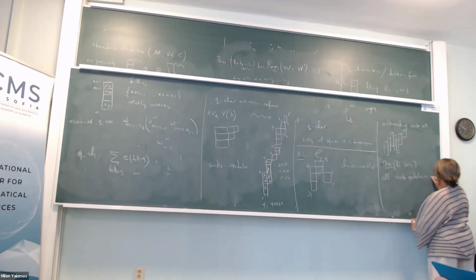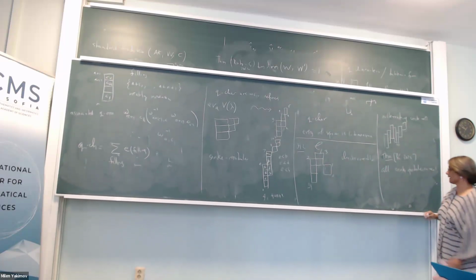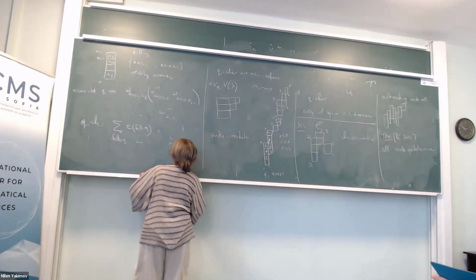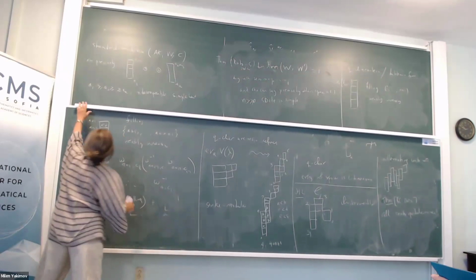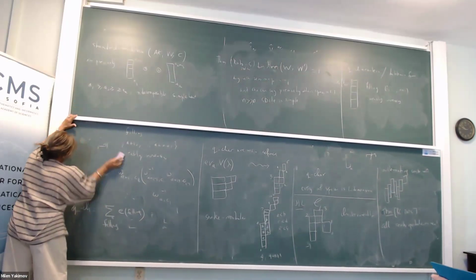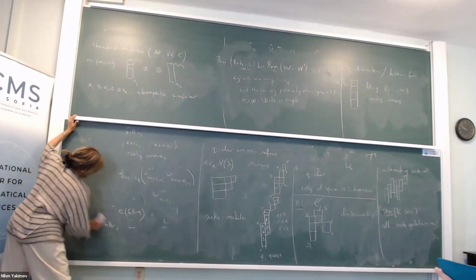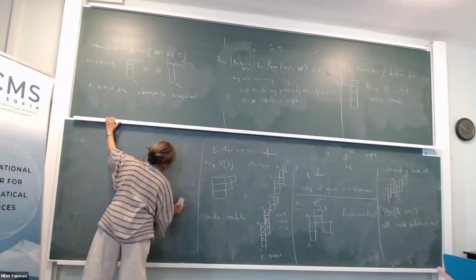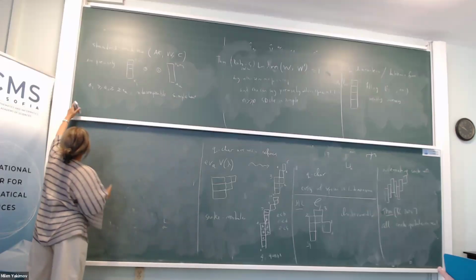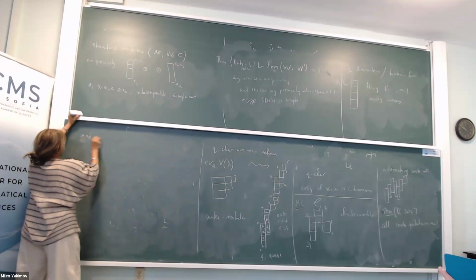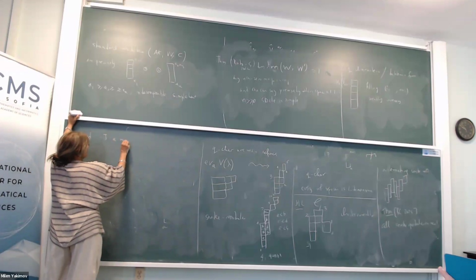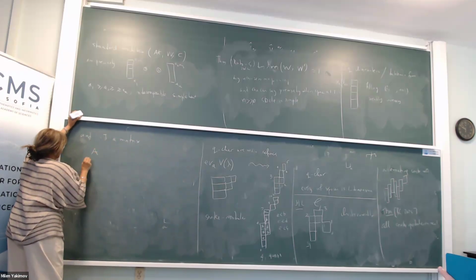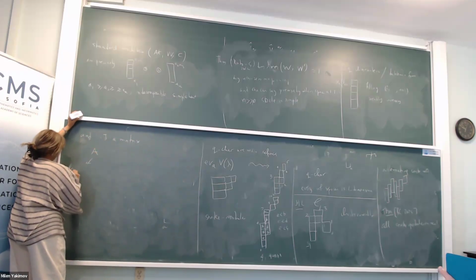So the tensor square is irreducible. And they have an absolutely beautiful determinantal formula. There exists a matrix, let's say A, which will depend on the alternating snake.